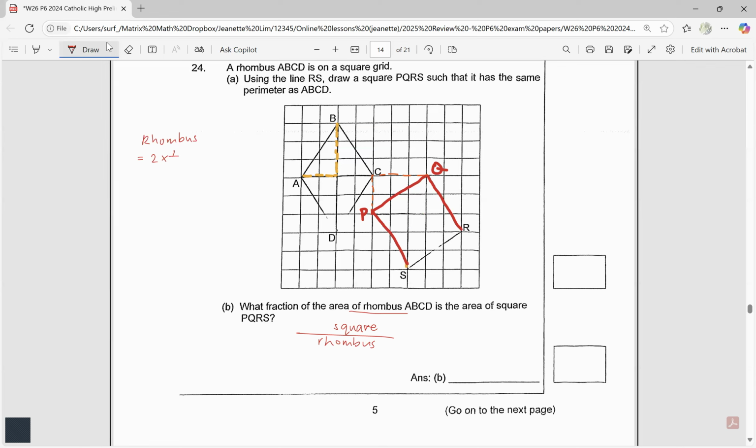So half times the base, which is here, A to C. So that's 4 units, 4 squares. Then the height is here, 3 squares.